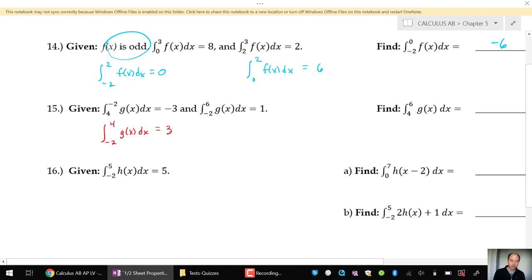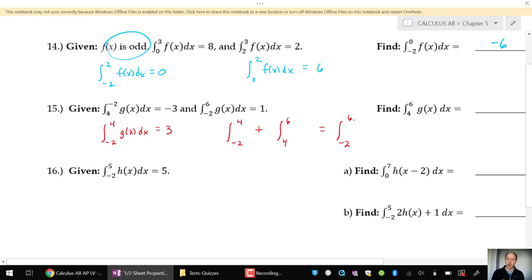And so let's see what I can figure out here. I'm looking for the integral from 4 to 6. I have the integral from -2 to 6 and then from -2 to 4. Well, essentially, the integral from -2 to 4 of my function plus the integral from 4 to 6 of the function would add up to be the area from -2 all the way to 6.